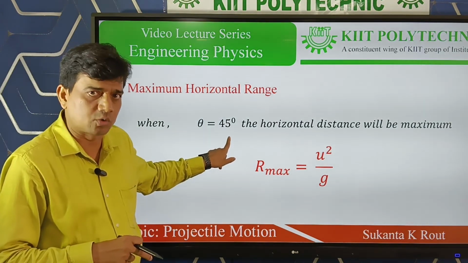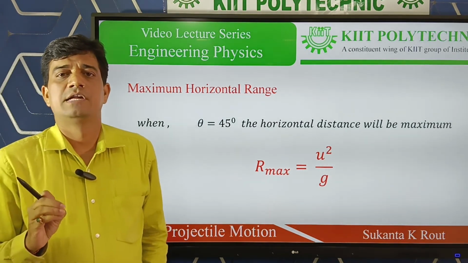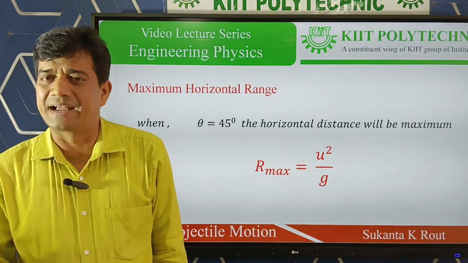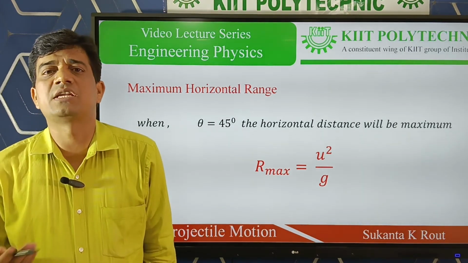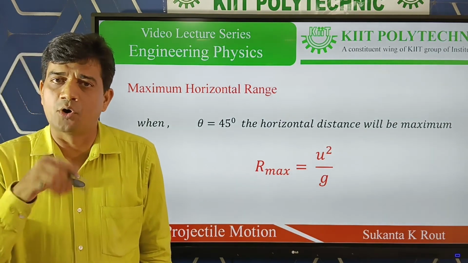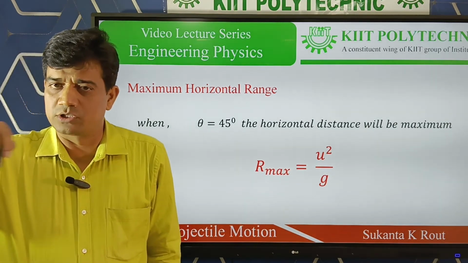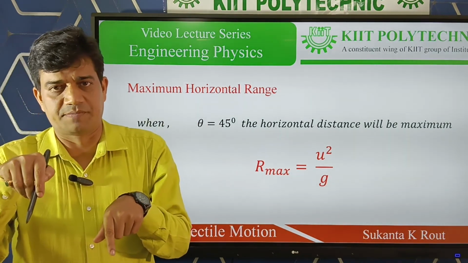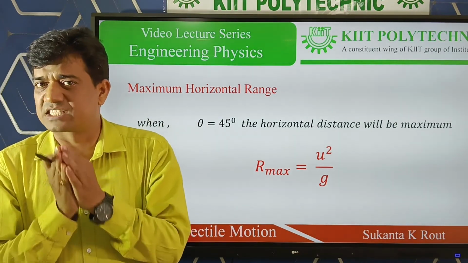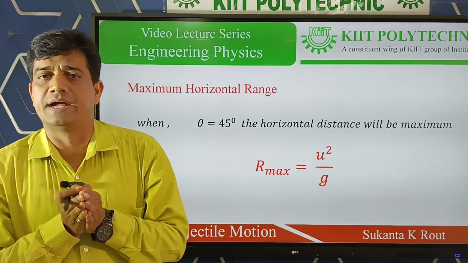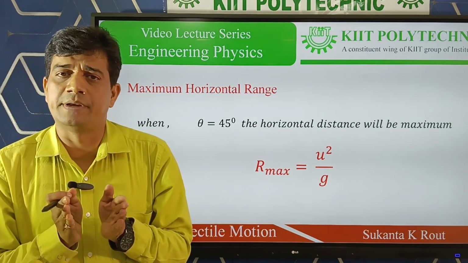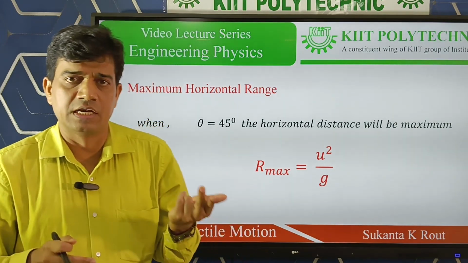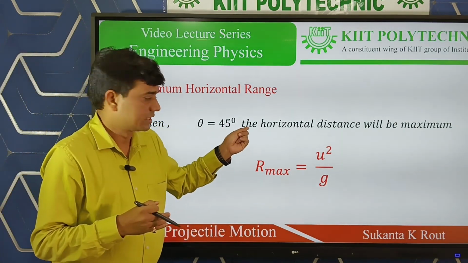That is one important short question also. The horizontal range will be maximum only when the projectile is fired making an angle of 45 degrees. If that is the angle with the horizontal, the same 45 degrees will be with the vertical, because 90 minus 45. So the range is maximum when the projectile is fired at 45 degrees either with the horizontal or with the vertical.